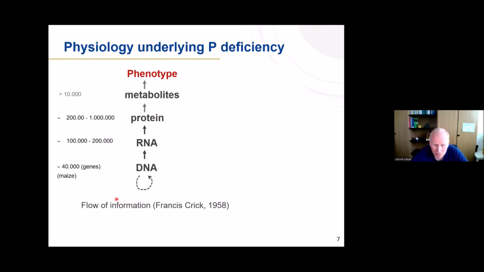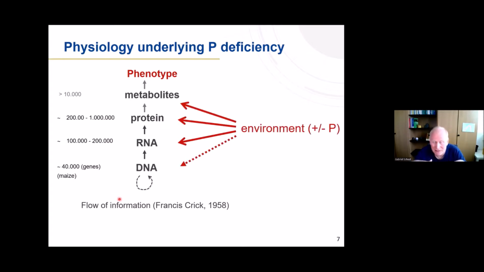Importantly, these different levels of the flow of genetic information are all regulated by the environment. This could be, for example, a plus or minus phosphorus treatment, this could be management, this could be many things, but the environment will impinge on this.